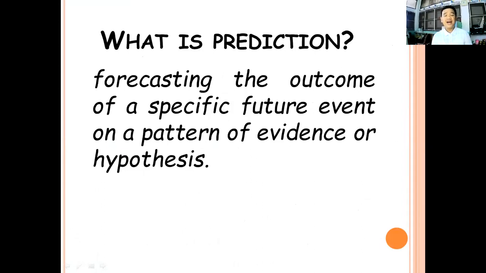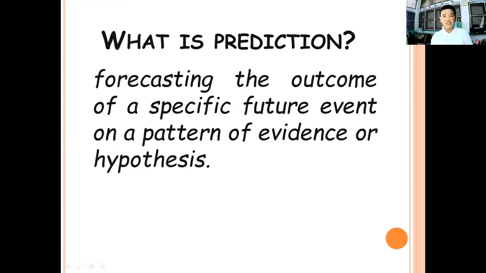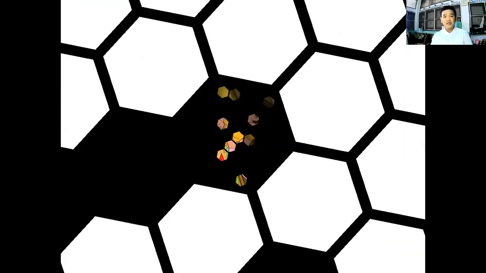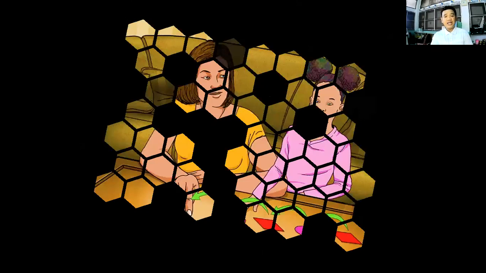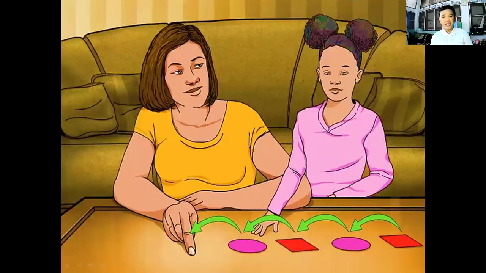When we say a pattern of evidence, it is the latest, the present situation, which shows different examples. So we have here an example. As you can see, a mother is teaching her child, giving a pattern.